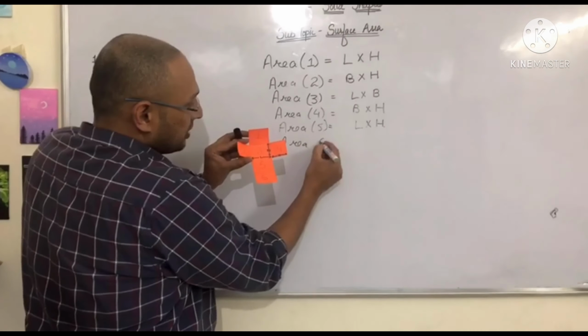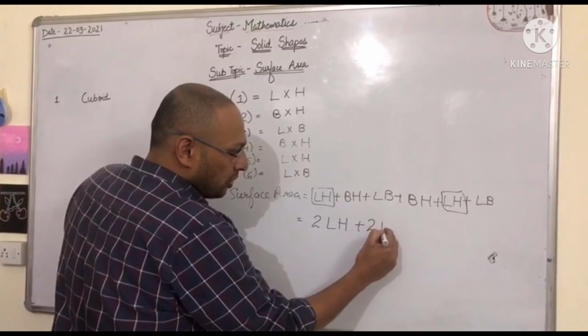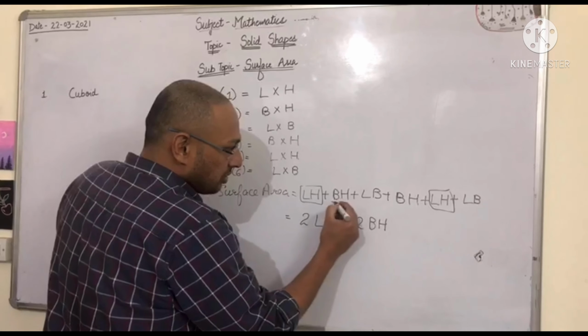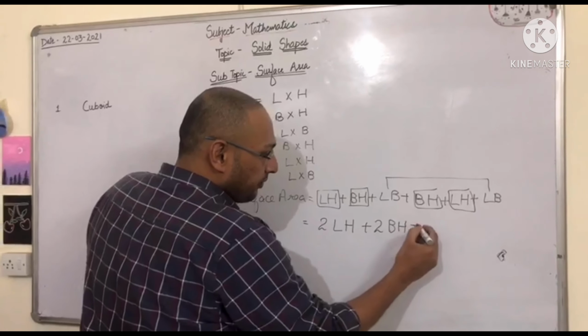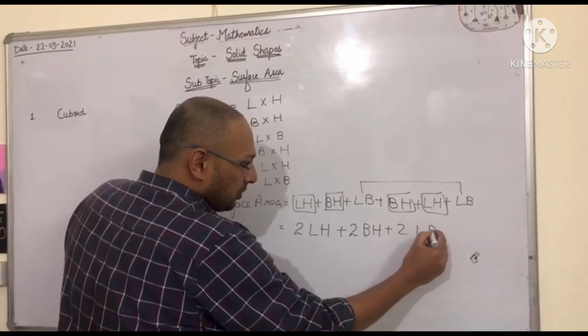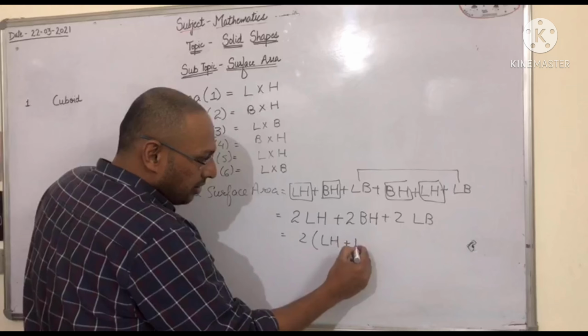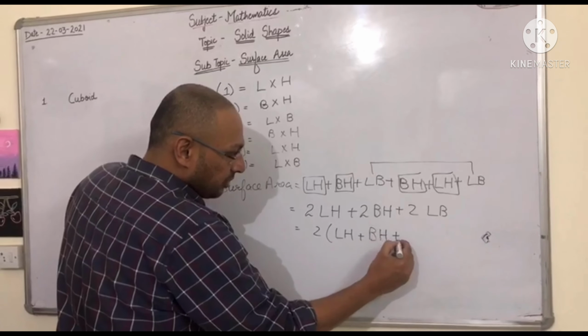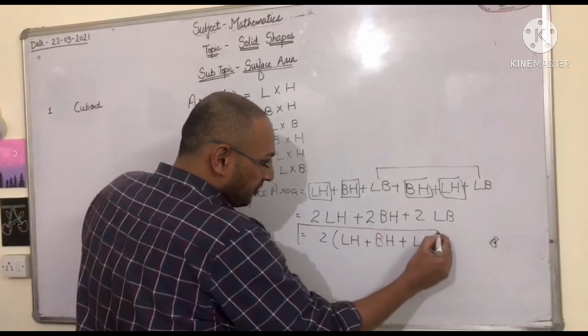Here, this is one LH, this is another LH, so there are two length into height. One BH is here, the second BH is here, so there are two B into H. And then we have two length into breadth. Once we add these three, we can take two common and we will be left with this. So this is the total surface area of the cuboid.